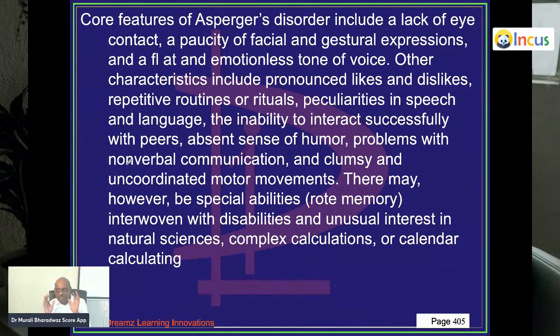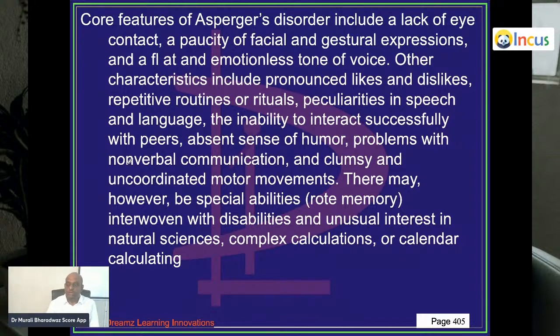There are about 1,500 points in psychiatry for you to crack the 5 marks in psychiatry, right? I'm going to give you 30 to 40 pages of notes, which you have to master.